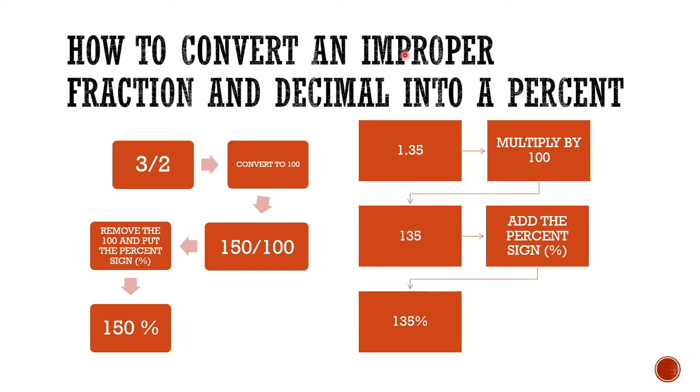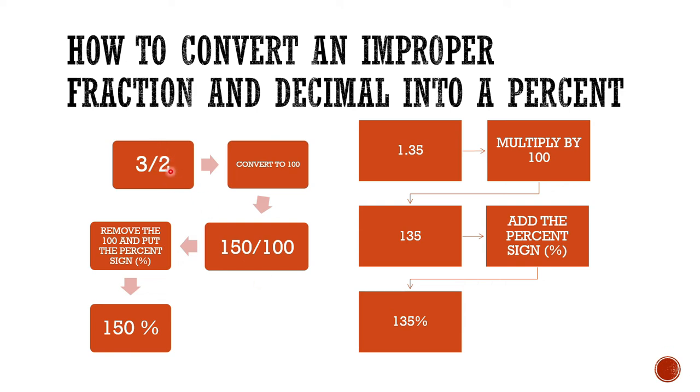Now, how to convert an improper fraction into a percent, and an improper decimal into a percent. Now let's start with our improper fraction. I have 3 over 2.